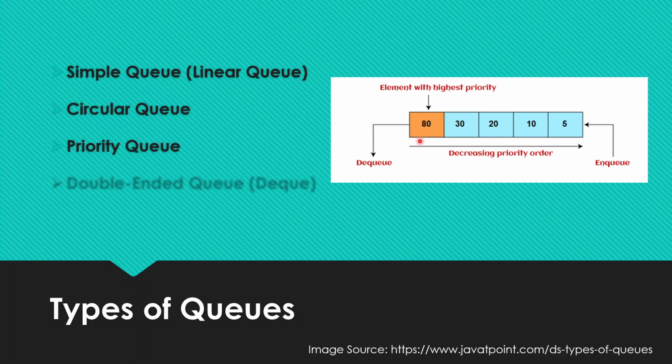So with a priority queue, we're always going to dequeue or remove the item with the highest priority. And this is actually applied, especially in networking, when we want to implement different bandwidths for different priority packets.